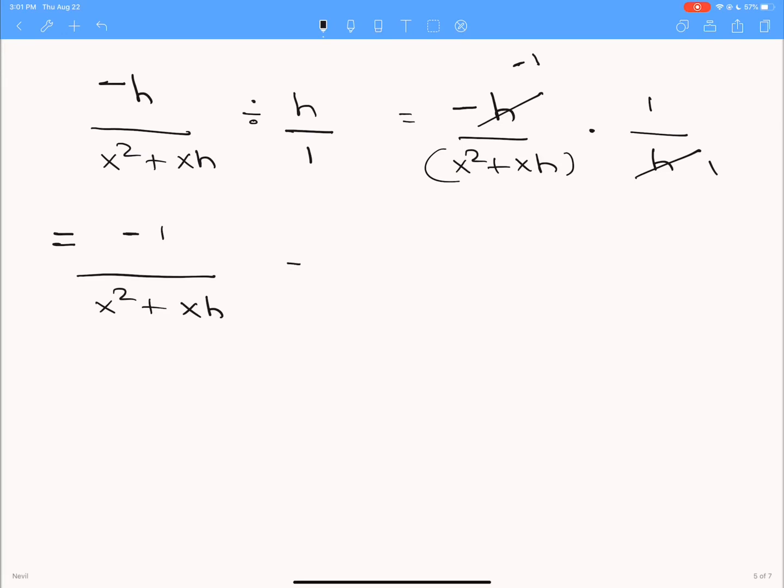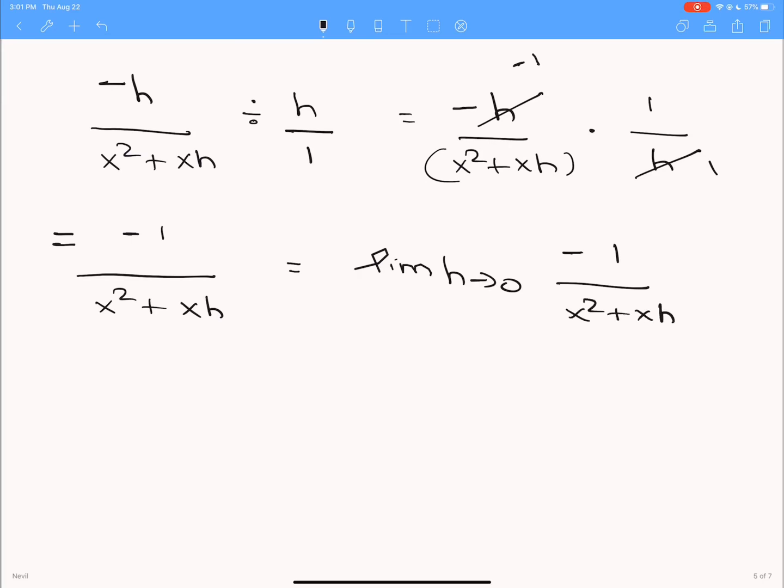Now this is all we could do in terms of algebra. So the last part you're supposed to do is apply the limit. My limit as h tends to 0 of negative 1 divided by x squared plus xh can be applied.